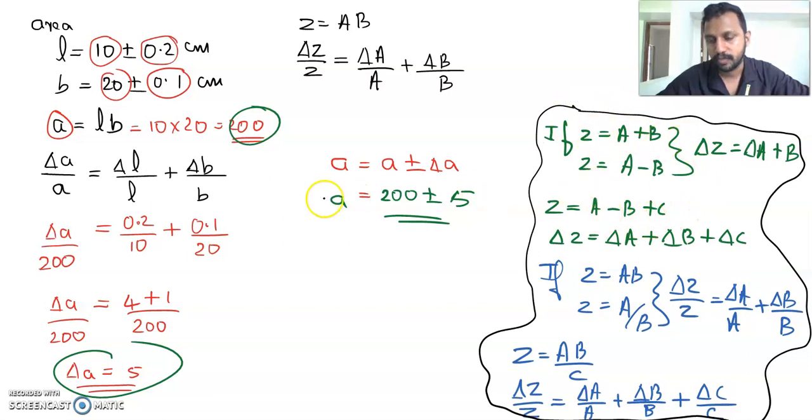Therefore, now we have discussed how to use these formulas, and now let's move to the next situation. What if Z is equal to A square is the situation?